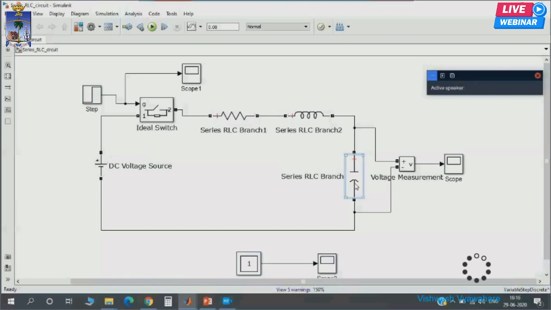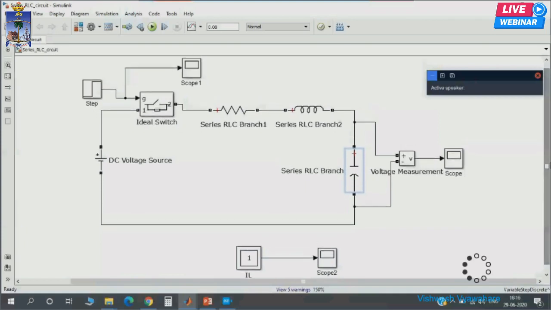This capacitor will start charging, and finally the capacitor voltage will reach some value. This is a simple series RLC circuit, and we want to see it.